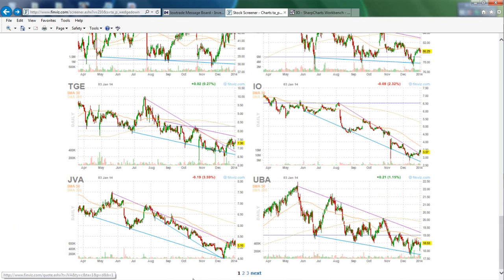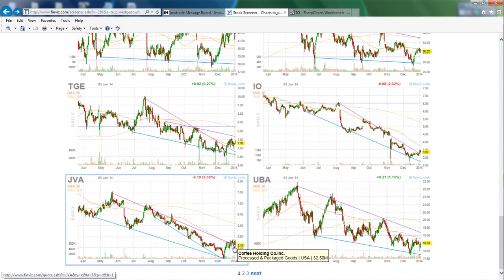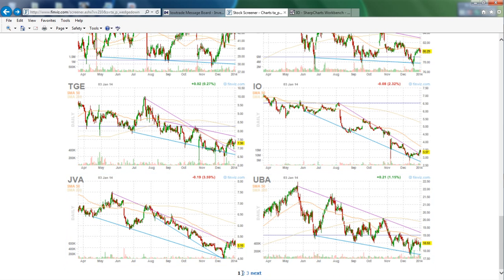So let's go down and see some more wedges that might be more interesting. This one's walking out of a $5 stock. But I don't like the wedge. It's not steep enough, and this is more like a channel. Now let's go.